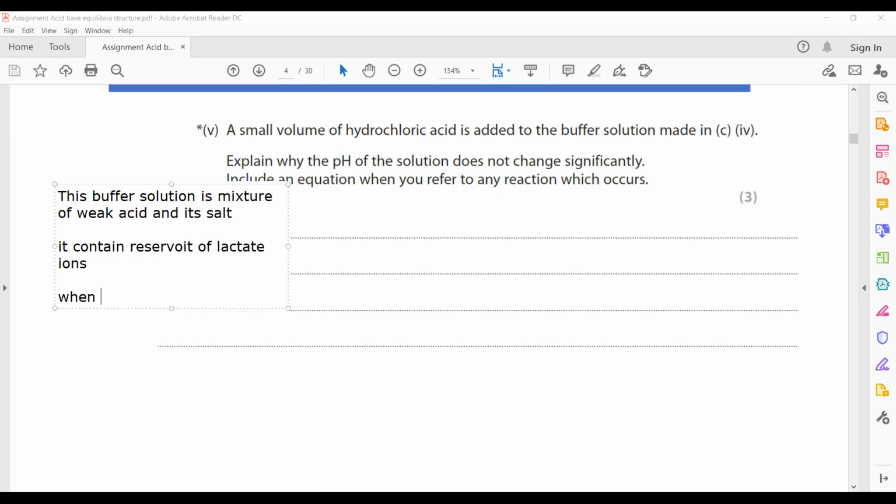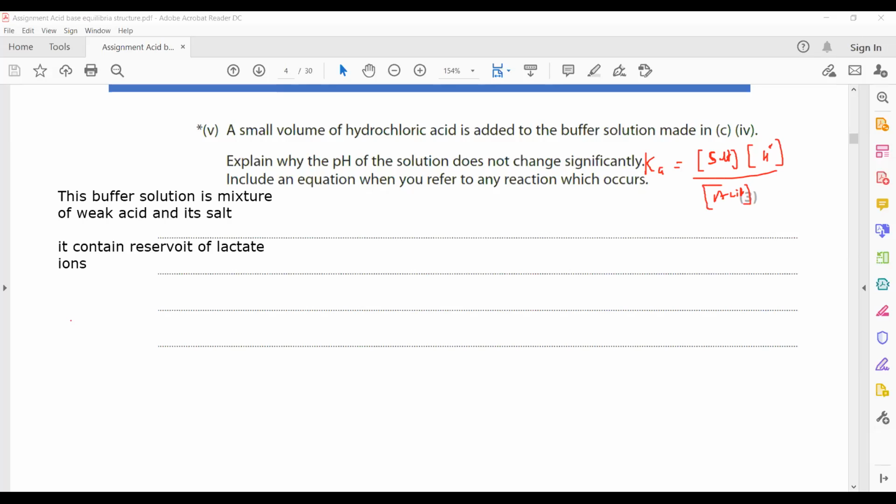when a small amount of acid is added, and if you remember how we write the pH, if I write the Ka, as we know, K is equal to a constant. This K is equal to the salt concentration, hydrogen ion concentration divided by acid concentration.